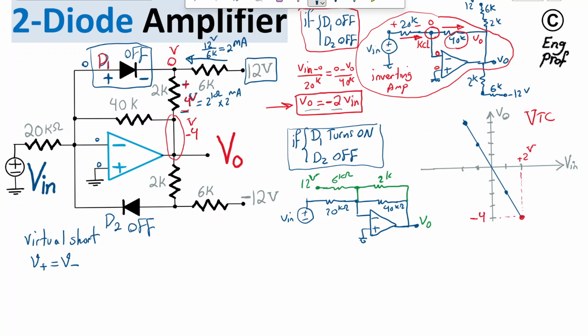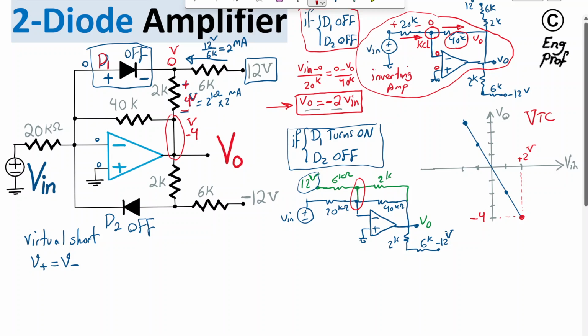On the other side of the circuit, diode D2 is off, so we still have the same setup as I showed here, meaning I have 2K and then 6 kilo ohm connected to negative 12 volt. The circuit is still an inverting amplifier because of its topology, but now we have two voltage sources connected, and we can write a simple KCL, the Kirchhoff current law, at this point.